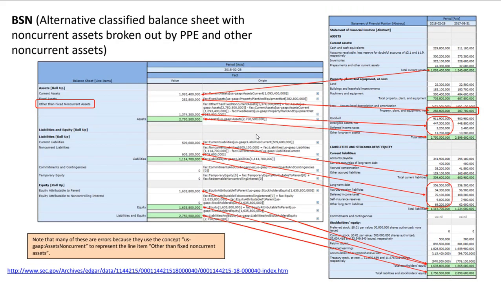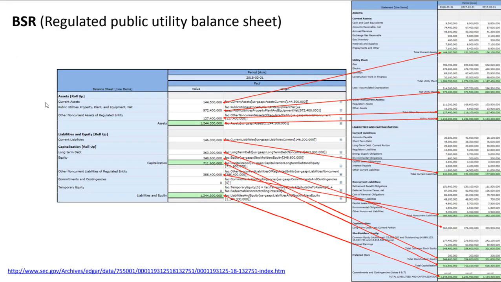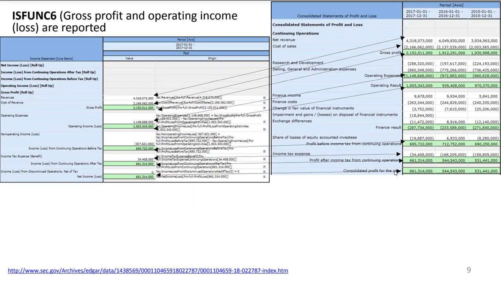And then here we have another alternative balance sheet. You have non-current assets broken into two pieces: fixed assets and other than fixed non-current assets. But the total of these two things equals non-current assets. And here you have the balance sheet of a regulated public utility. They have capitalization, and that's mapped. So anyway, those are the balance sheets.